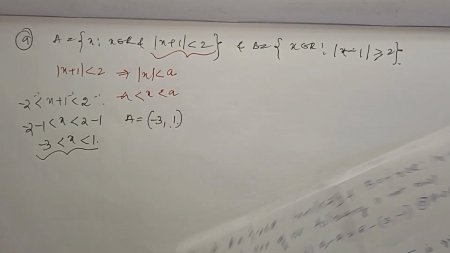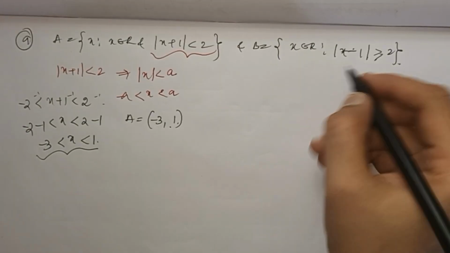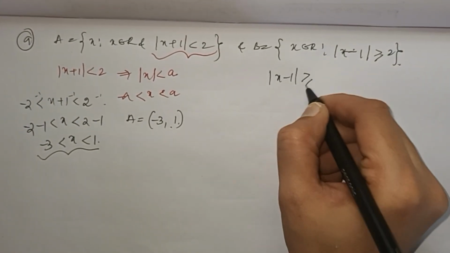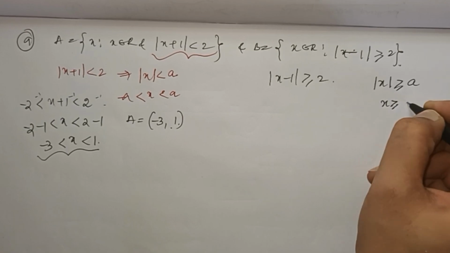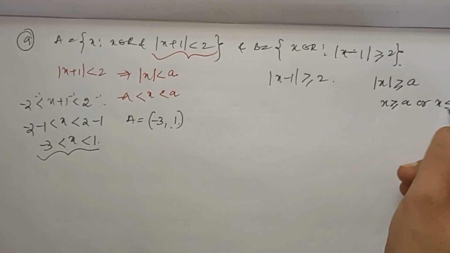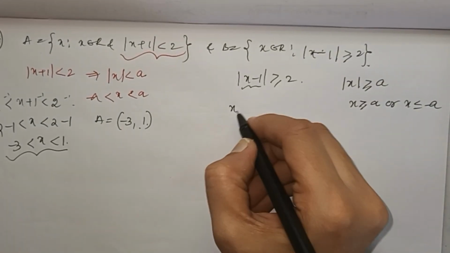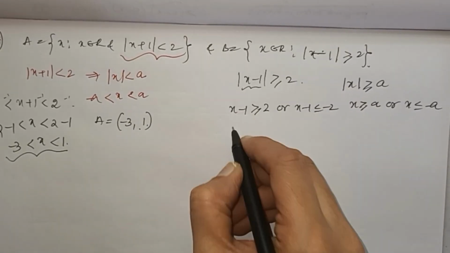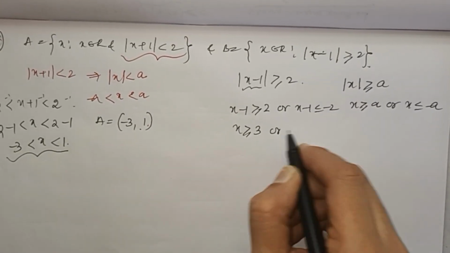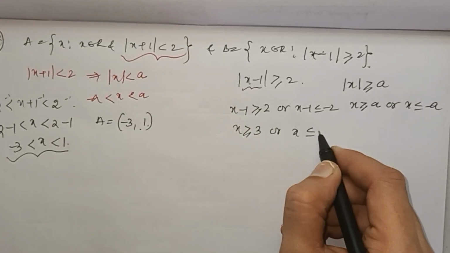Similarly, we have to get the set B. Set B is |x - 1| ≥ 2. We have the solution: |x| ≥ a means x ≥ a or x ≤ -a. In the place of x, you have x - 1 ≥ 2 or x - 1 ≤ -2. So x ≥ 3, or x ≤ -2 + 1, that is x ≤ -1.